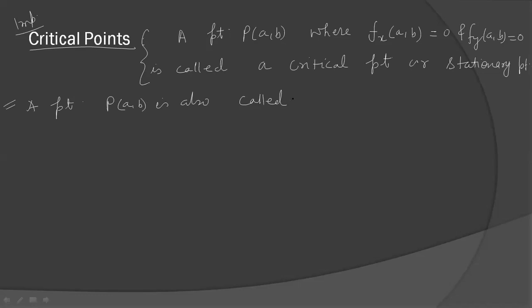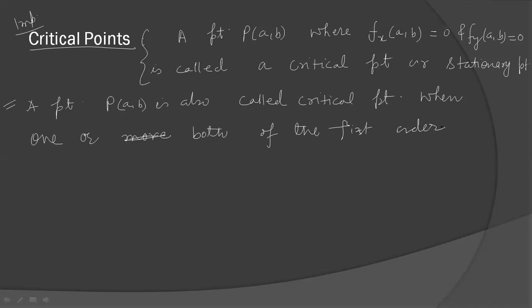A point P(a,b) is also called a critical point when one or more, I am taking two variables, both of the first order partial derivatives do not exist at the point (a,b).